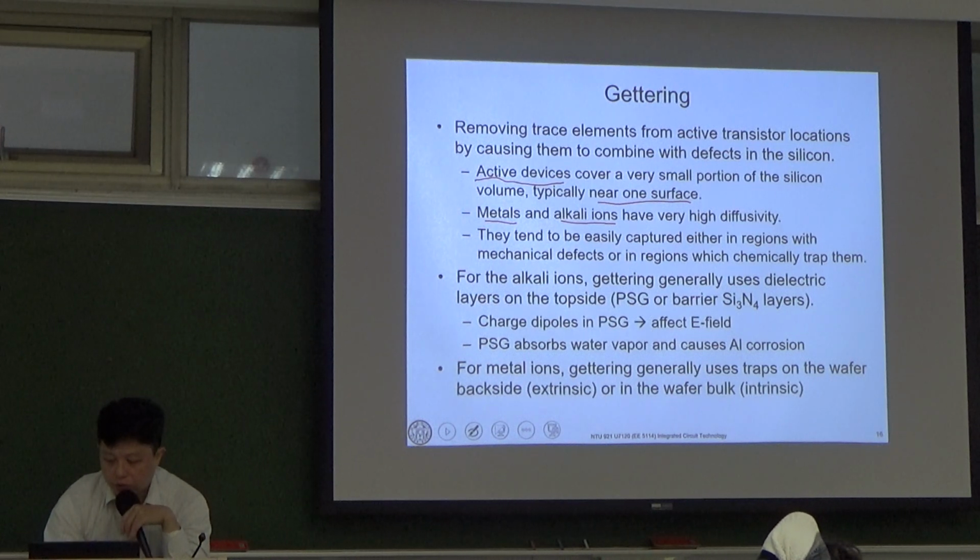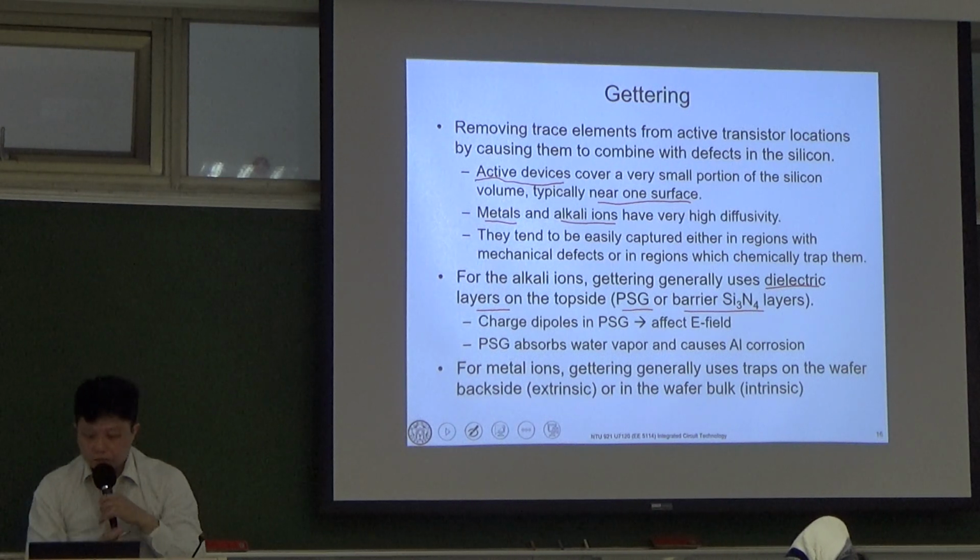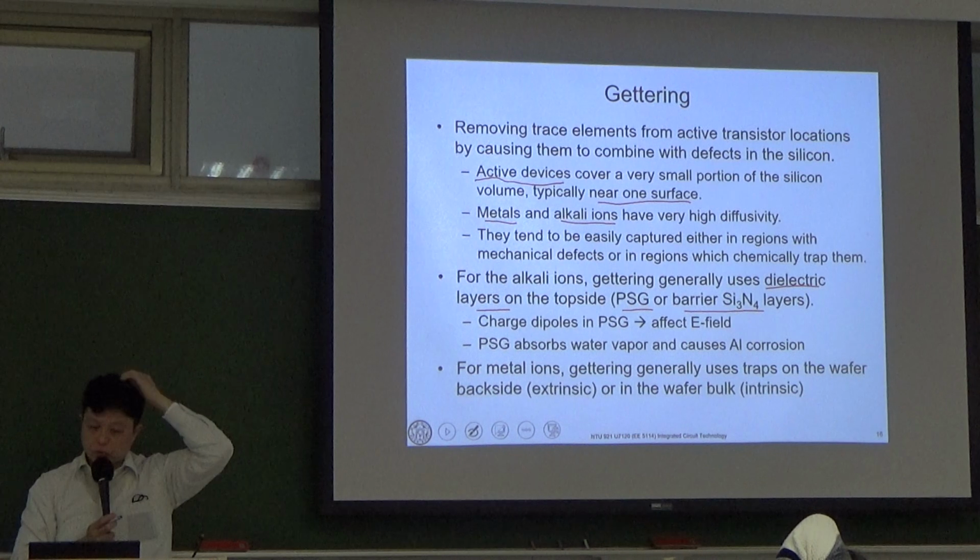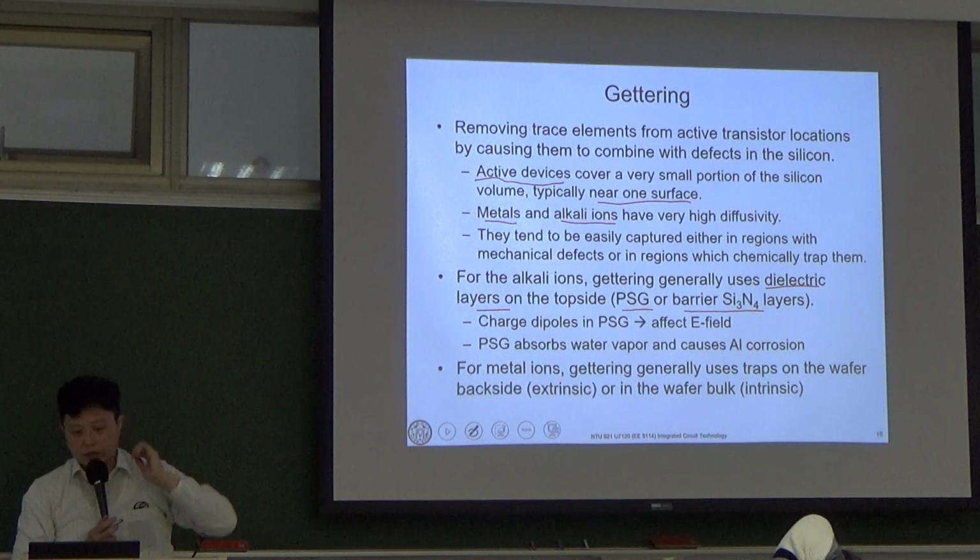Okay, so we can use some dielectric layers on the top side, such as PSG, which is glass that you dope with some phosphorus, and some silicon nitride, and that will help you to capture those unwanted ions.